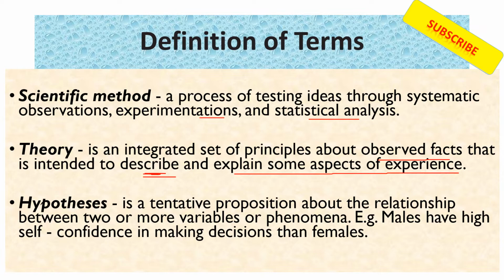And hypothesis is an alternative proposition about the relationship between two or more variables or phenomena. For example, a hypothesis can say males have higher self-confidence in making decisions than females. So this is a hypothesis, or untested truth. This is a tentative explanation that explains something.